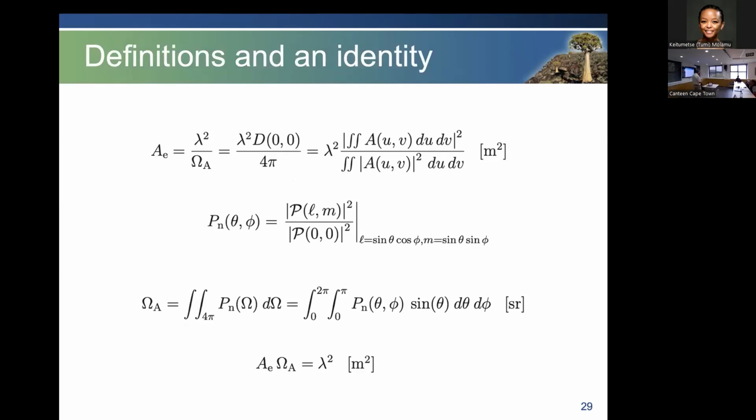Okay, sorry about the maths, but this is just to give some definitions. The antenna will have a physical aperture. You go out there with your tape measure, you measure the dimensions or projected dimensions of the dish, you use pi r squared, that gives you the physical aperture. The effective aperture is always going to be smaller than that, because the aperture illumination function falls off towards the edges, so the dish is never going to be 100% efficient.